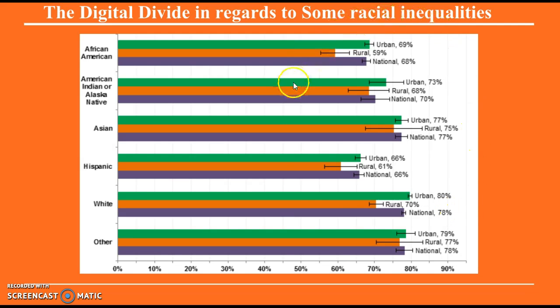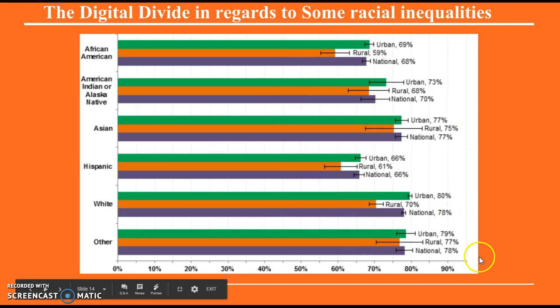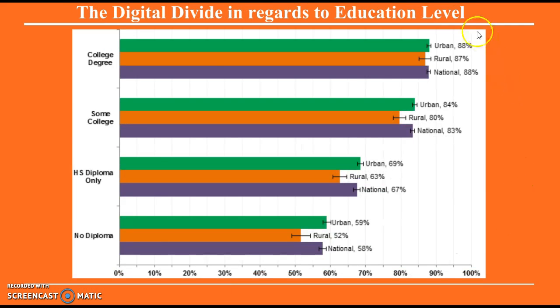This is not as big of a drop-off as we saw in the socioeconomic level, and that we will see in the educational level, that really shows just how important it is.